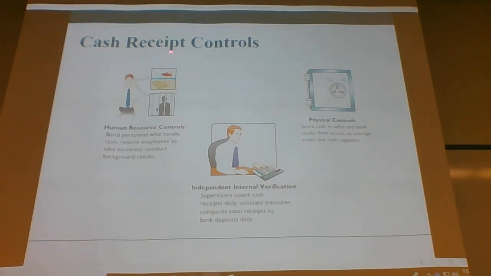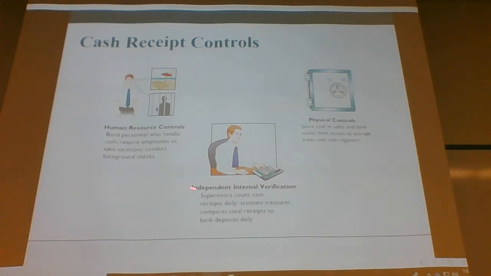Going with this concept of receiving cash, individuals who handle cash should be bonded. Again, employees should take vacation, and background checks need to be performed for anyone who is dealing with the receipt of cash.